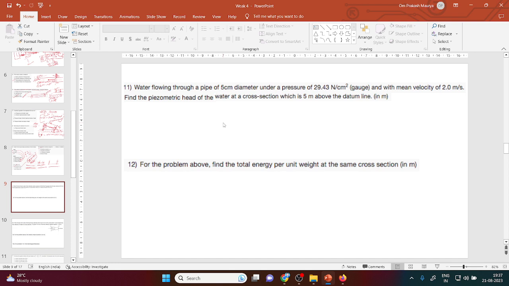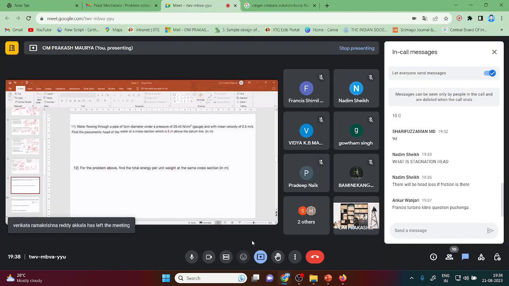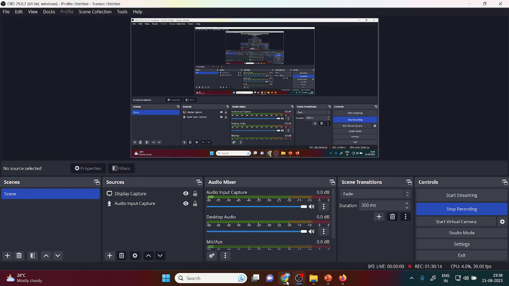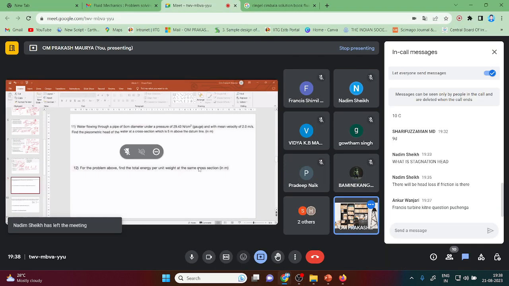Water flowing through a pipe of 5 centimeter diameter under a pressure of 29.43 Newton per centimeter square, which is the gauge pressure, and with mean velocity 2 meter per second.